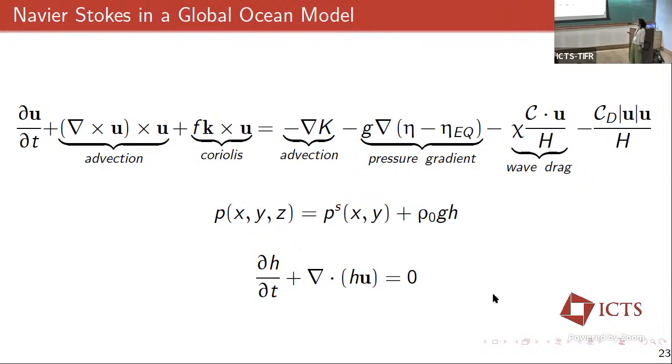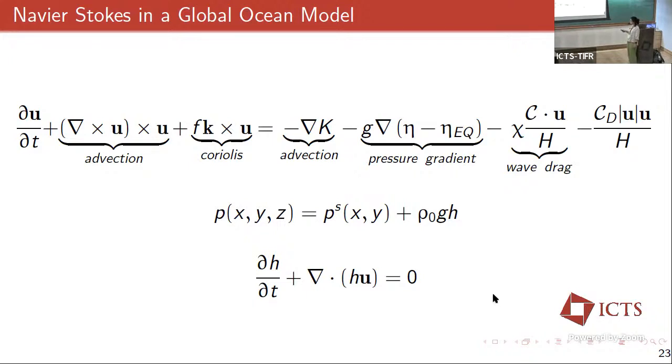The nonlinear term is divided into an advection and a vorticity kinetic energy formalism. It is called the vorticity kinetic energy formalism, because if you combine this term and this term, you get the nonlinear term. Now, this is done to render a vector invariant form. That is, if you change the basis or go to some other geometry, this still remains the same.